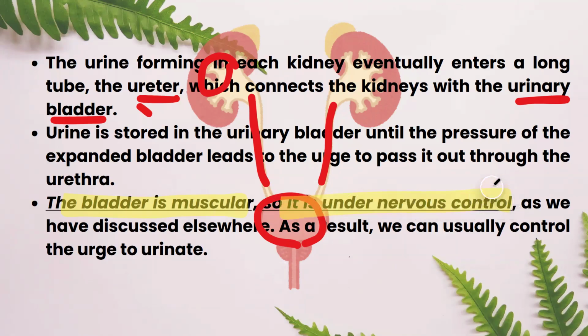This key point is very important. In 2023, one MCQ was repeated from this line: the urinary bladder, since it is muscular, is under nervous control. That is the reason that if you feel the urge to urinate, we can control it for approximately 30 minutes to 1 hour, because it is controlled by the nervous system.